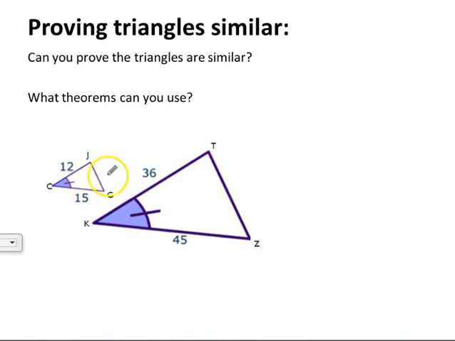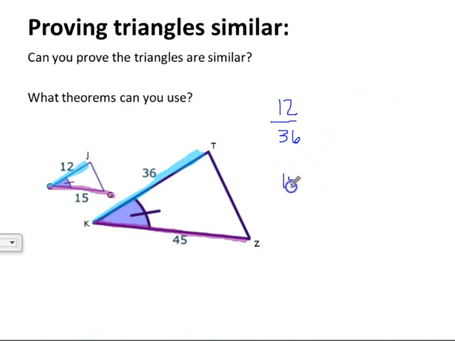So again, very similar to the example we just did, we have a set of congruent angles, and then let's compare the corresponding sides. So 12 is smaller than 15, so that's going to link with the smaller side on this triangle, 36. Let's write that as a ratio, so 12/36. Then our other set of corresponding sides is 15 and 45 over here.